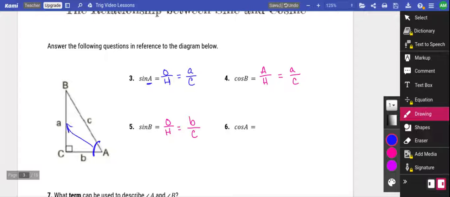Referring to A: opposite, hypotenuse, adjacent. Opposite of A is lowercase a, but cosine is the ratio of adjacent over the hypotenuse. Adjacent is B, hypotenuse is C.